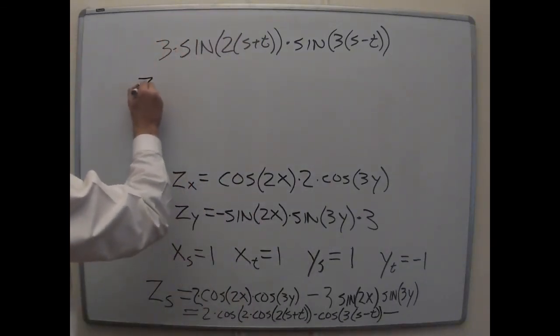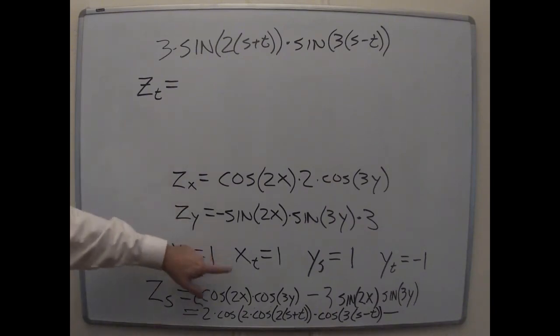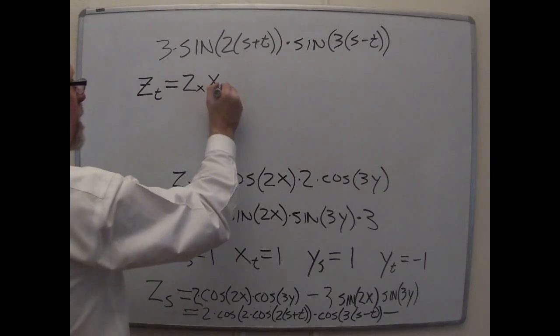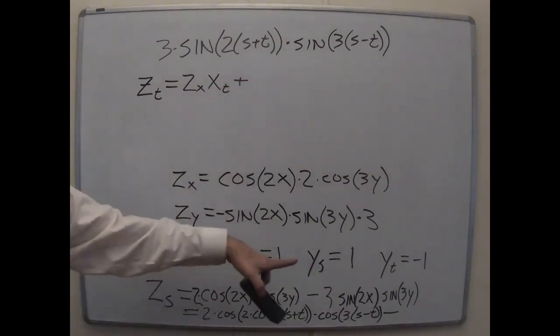Since we've now got room to work, z sub t will be z sub x times x sub t, which is 1. I'm just going to write it first, plus z sub y times y sub t.